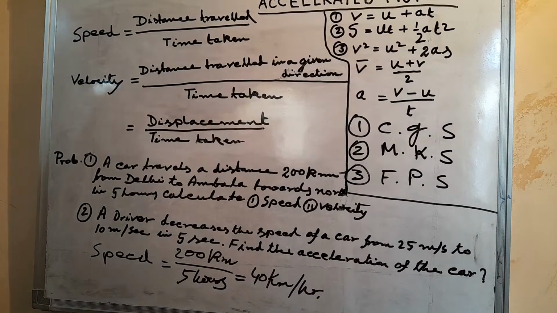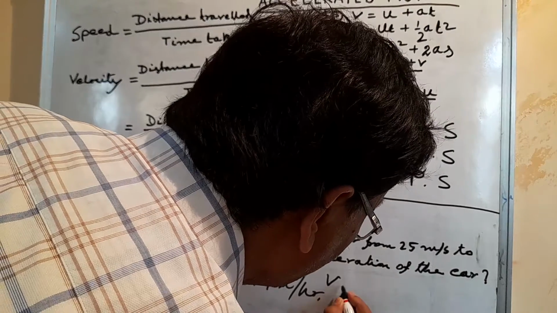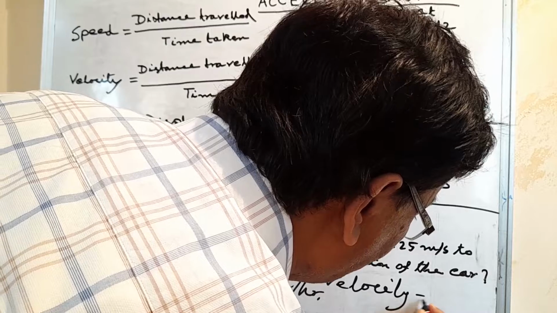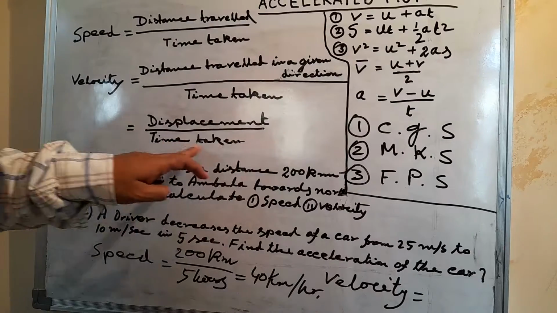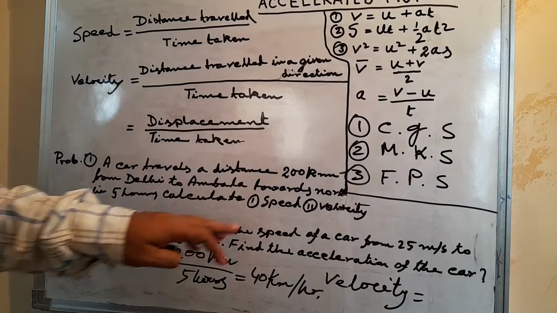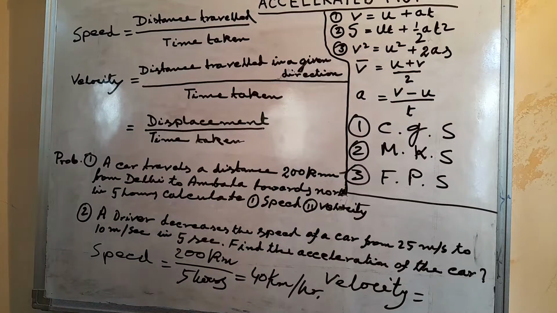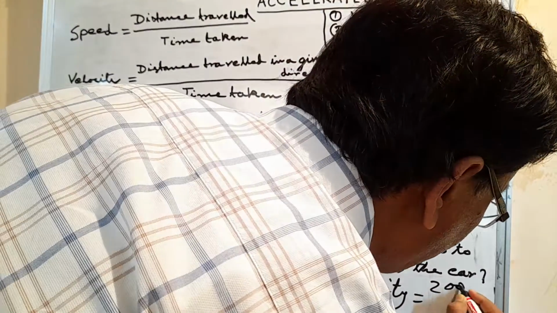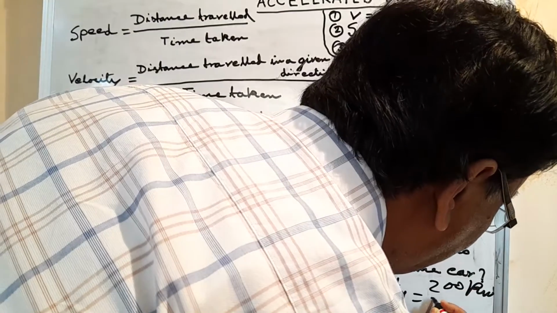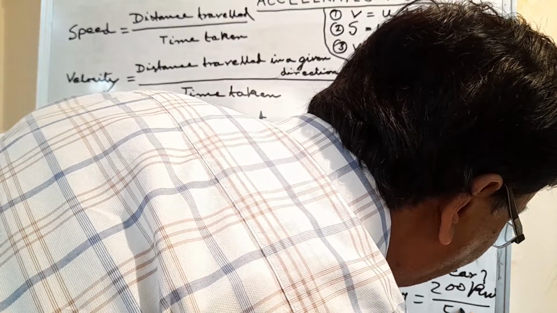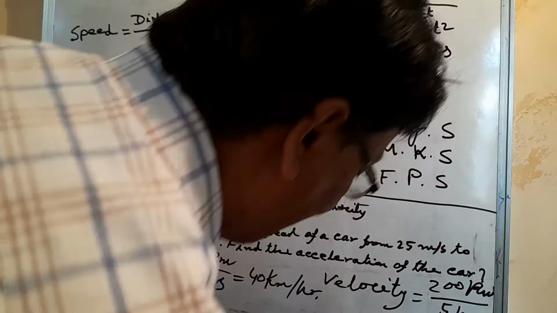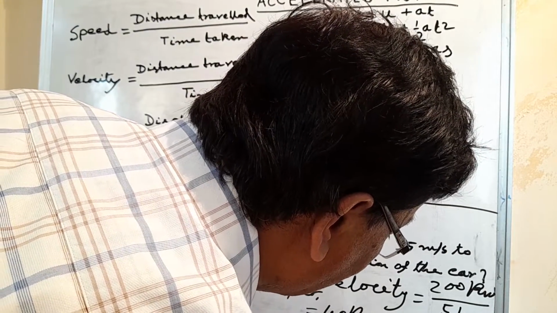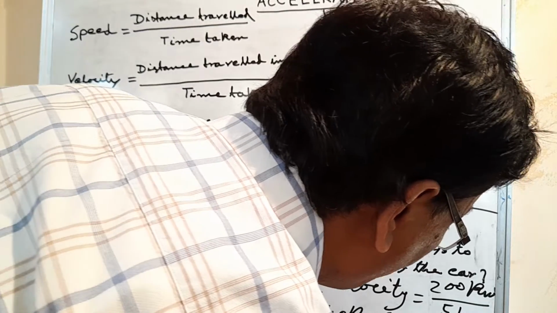Whereas the velocity will be equal to displacement by time taken. The displacement is 200 km towards north, so 200 km divided by 5 hours. The answer will be 40 km per hour towards north.